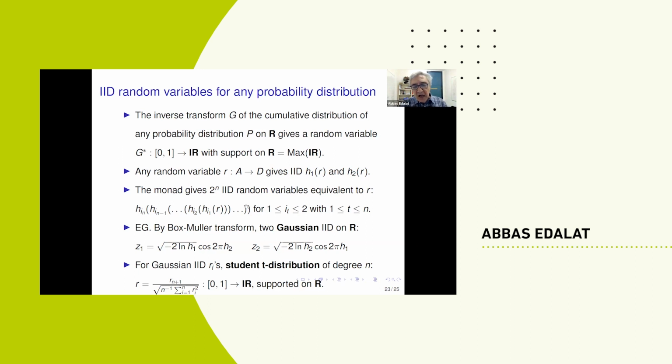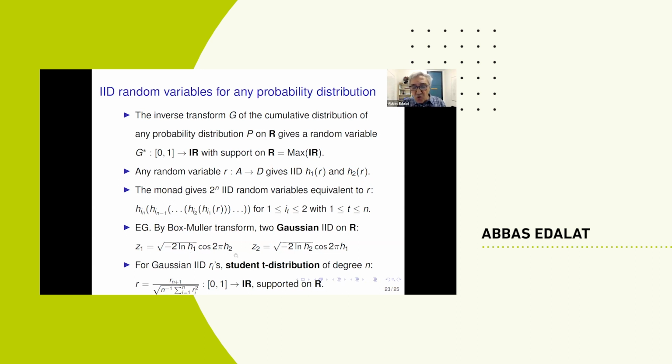So for example, there's a famous Box-Muller transform to use the uniform distribution on the unit interval and turn it into two Gaussian, two normal distributions on R. And the simple formula is this. So in our setting, H1 and H2 are just the two components of the monad.